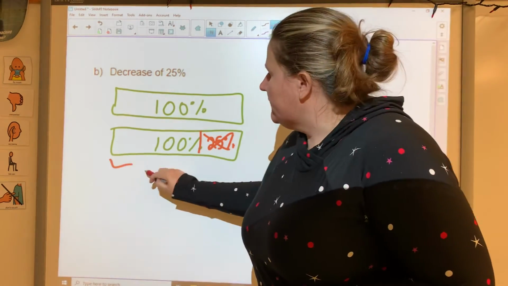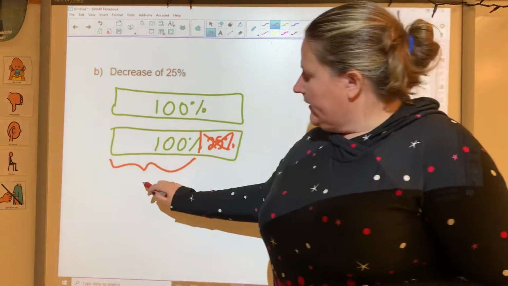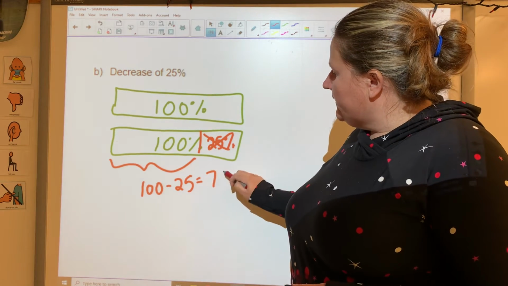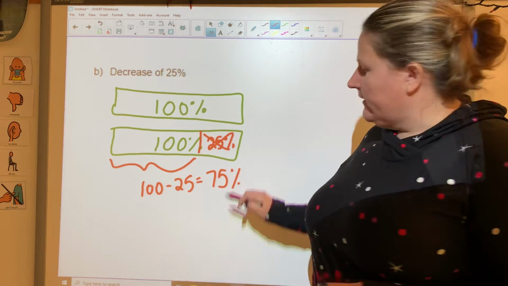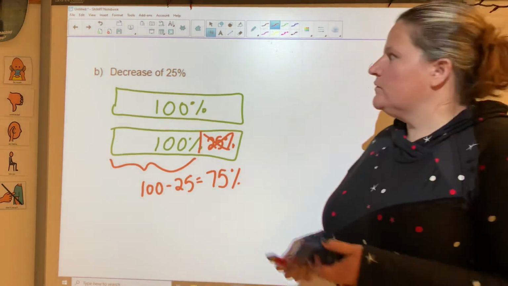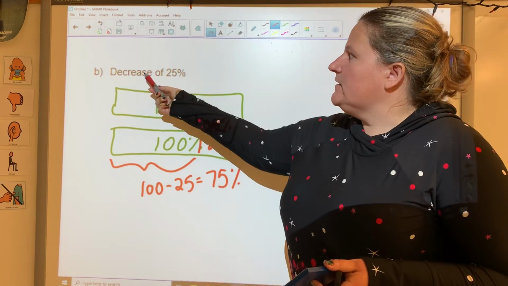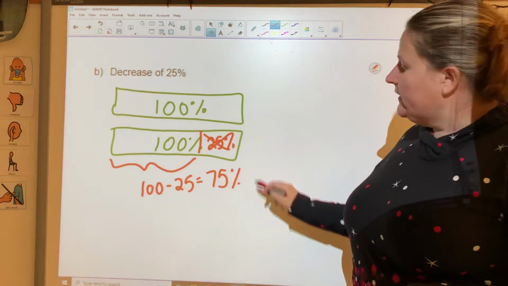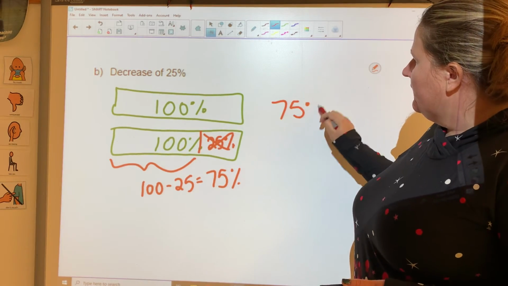So now I no longer have that 25%. So what part is left? Well, I had 100, right? And I just took away 25, so I have 75% left. If I were to be solving a problem with a decrease of 25%, we can say we really only have 75% left of it.